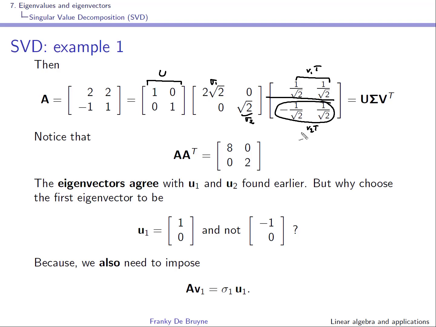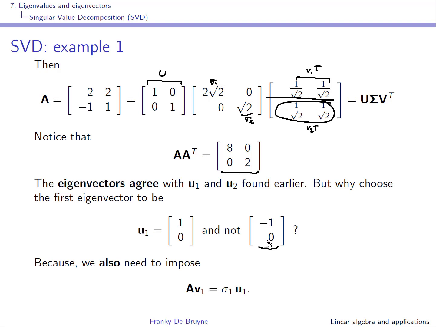Okay, so you can ask the question, if you had computed A A transpose, in this case it leads us to this diagonal matrix. You see that the eigenvalues are the same, therefore also the singular values, the square roots of the eigenvalues, are the same, and you can easily see that the eigenvectors will be 1, 0 for the first eigenvalue, for instance. But the question is, why not choose -1, 0, which would also be a vector of length 1?